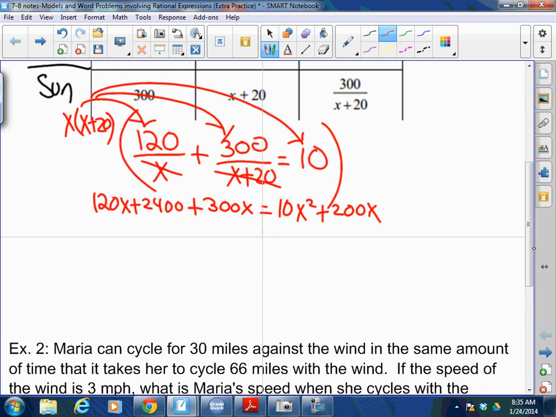Hope everyone can see that. This over here is 420x plus 2400 equals 10x squared plus 200x. I'm going to make a trinomial, so I'm going to subtract 420x and 2400 from both sides.